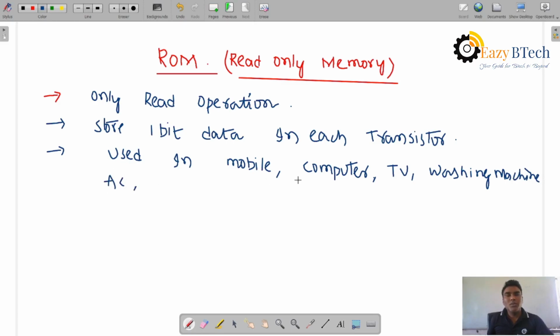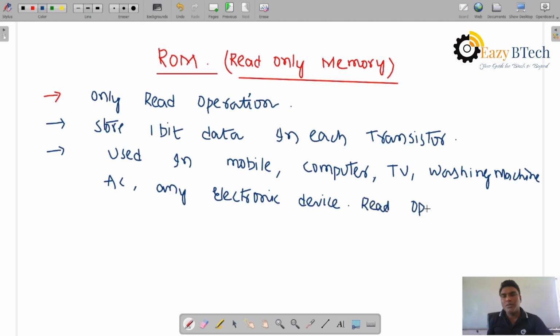So these are the applications which are used in any electronic device, where only the read operation is needed, only reading the data.